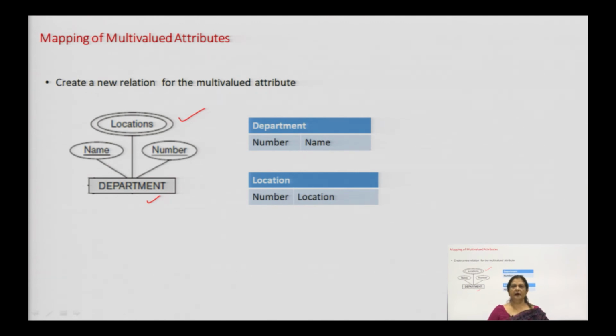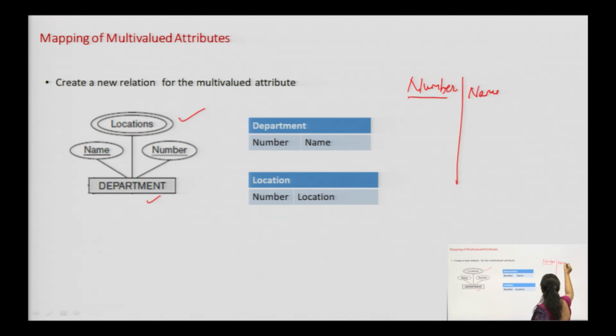Say a department is situated on the ground floor and the first floor. So, now let us say if I try to map this as a regular entity type, then I will have the attributes number as the key, name and locations, right.